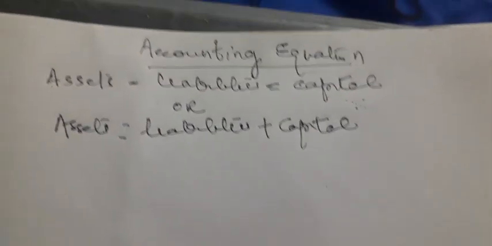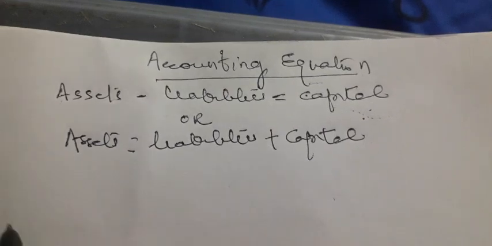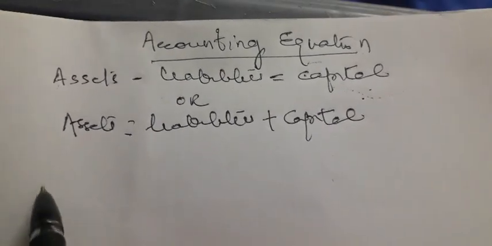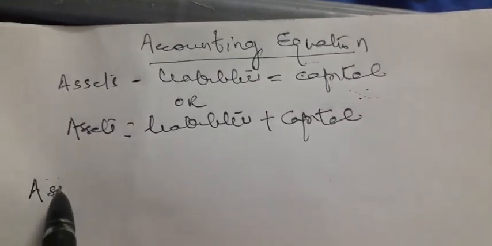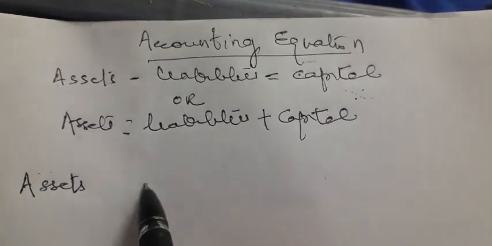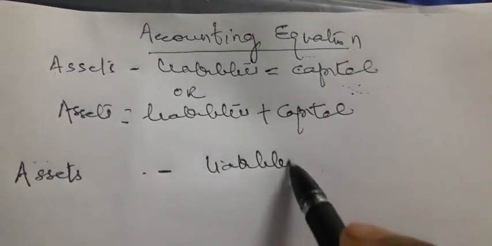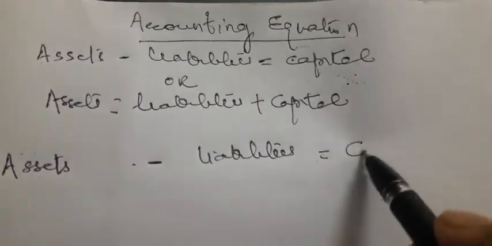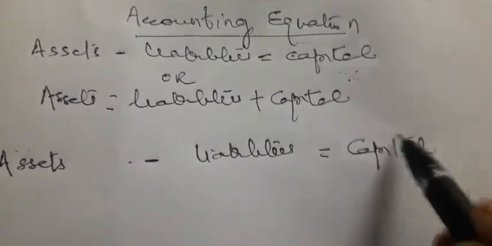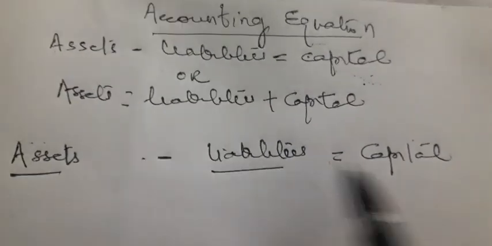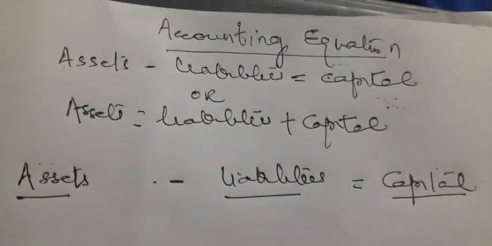For preparation of the accounting equation, we will be using this equation: assets minus liabilities is equal to capital.